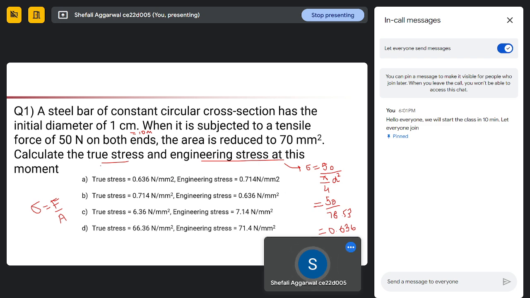Next thing is true stress. It is given that when it is subjected to tensile force, the area is reduced to 70 mm square. Our initial area was 78.53 and the area is reduced to 70 mm square. So directly if we calculate 50 divided by 70, what are we getting?